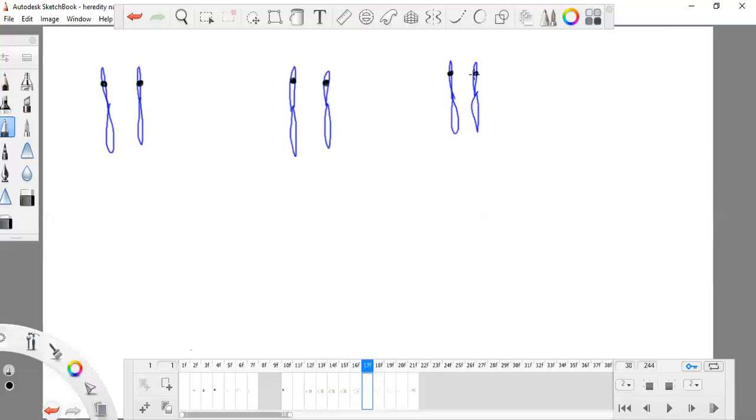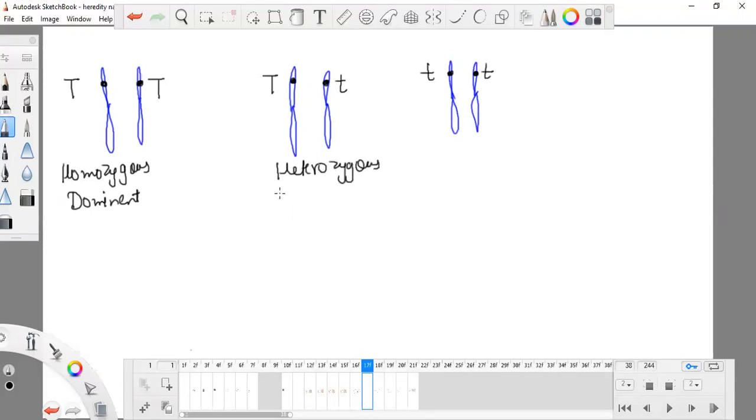These are three types of P. This is homozygous dominant. This is heterozygous dominant. And this is homozygous recessive. Homo means equal, but it is recessive.